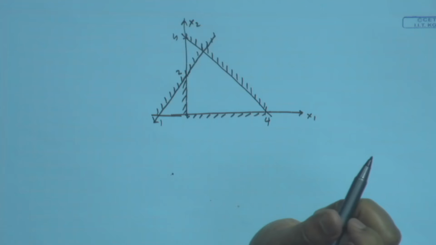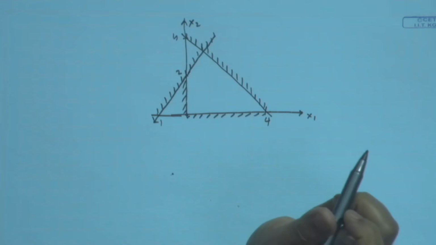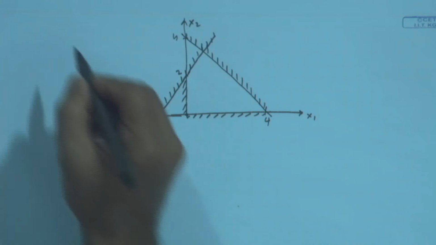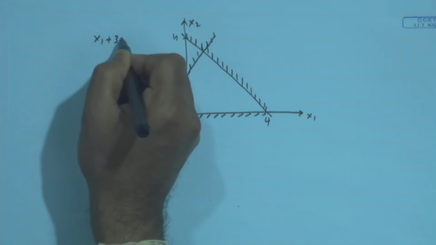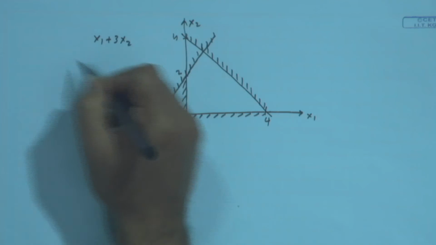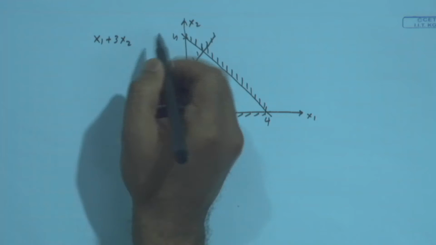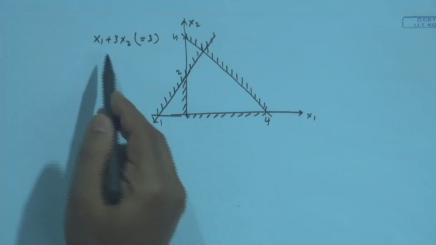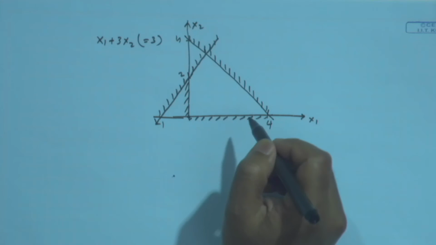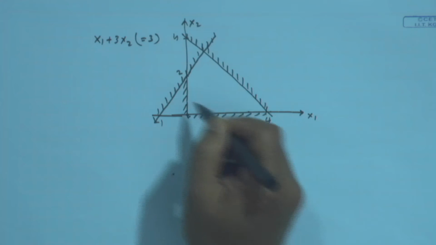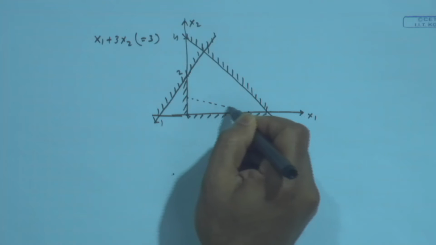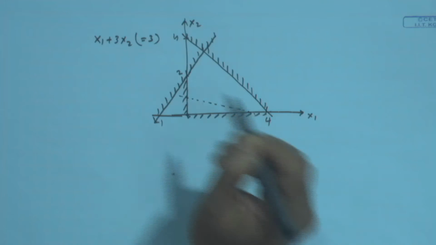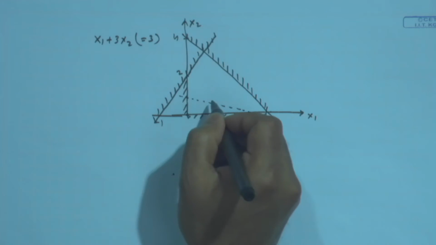Now in order to find the optimum, I need to draw the contour plot of x1 plus 3x2 equal to some value. This is the objective function that you have to maximize. So I assume some value. If I assume 3, then this has the equation which cuts x1 at 3 and x2 at 1. So this is the contour line of the objective function with a value 3, because I have used 3 here.